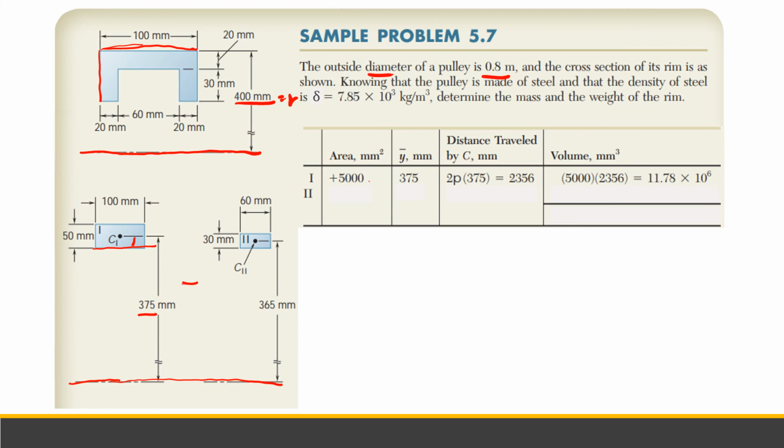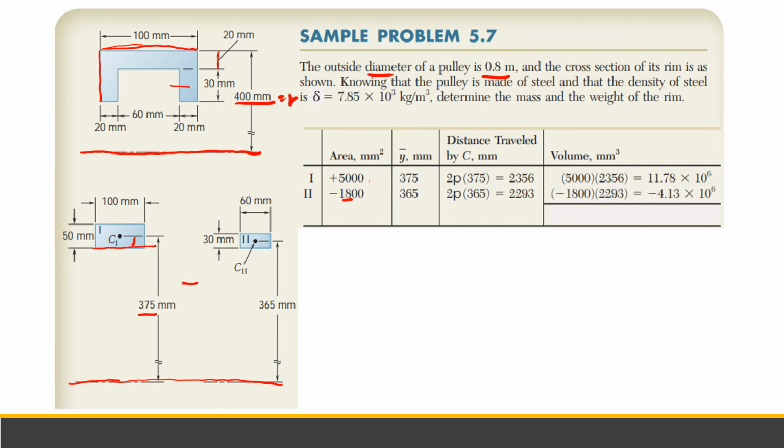For area 2, which is the negative area, 30 times 60 is 1,800. And then y bar is 365. Why? Because 400 minus 20 minus 15, so minus 35. That is 365. So 2 pi times r, which is 365, for the negative area, is 2293.